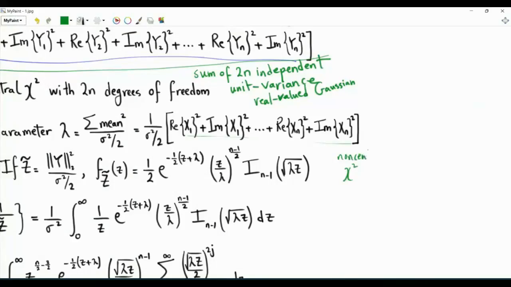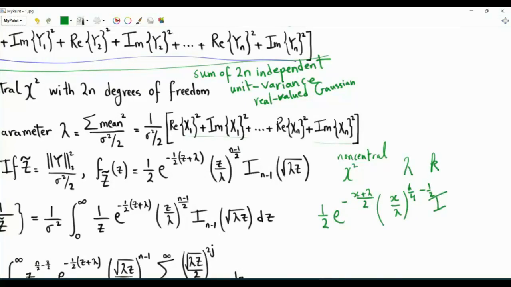So we have non-central chi-squared, and the non-centrality parameter is lambda, and the number of degrees of freedom is k. Then the PDF has this form: 1/2 e to the minus (x plus lambda) over 2, and then we have (x over lambda) to the power k over 4 minus 1/2, and then we have a modified Bessel function.